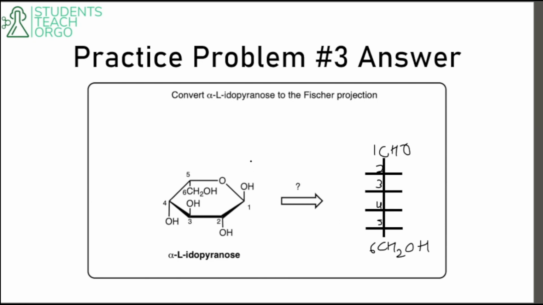We're told that this is L, which means that on carbon 5 on the Fischer projection, my OH is on the left. And then from there, we just look at 2, 3, and 4, and we see if it's up or down. So 2 is down, 3 is up, 4 is down. So not too bad with pyranoses, at least. Let's keep going.